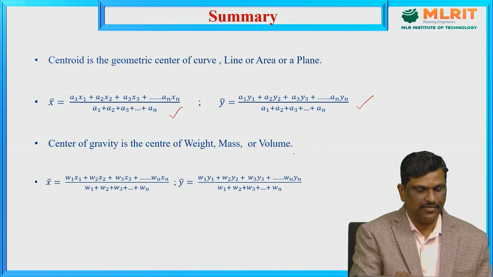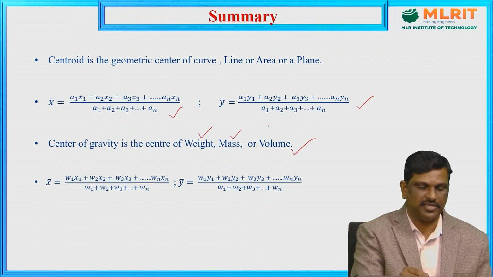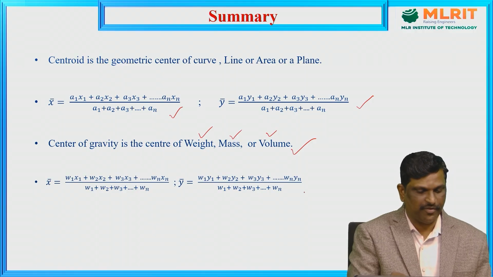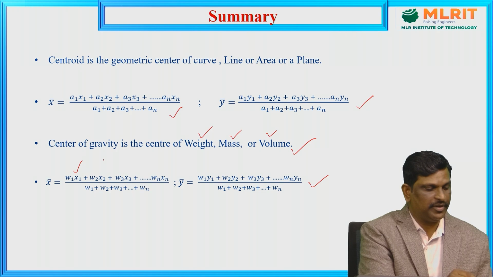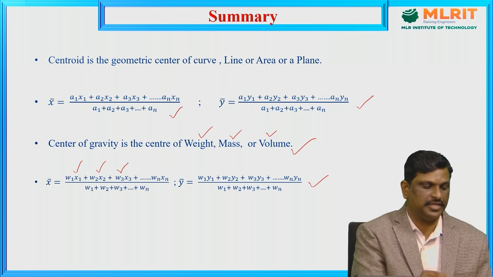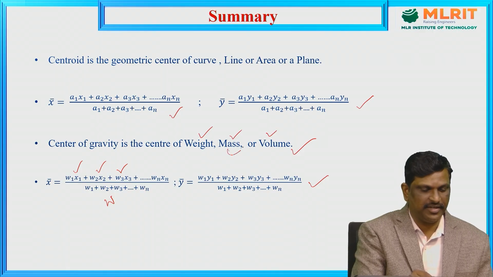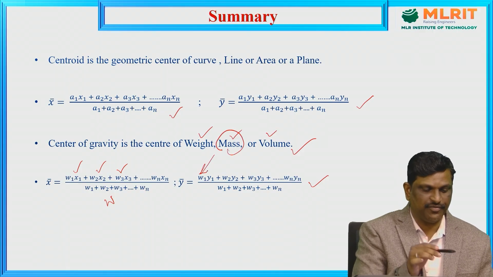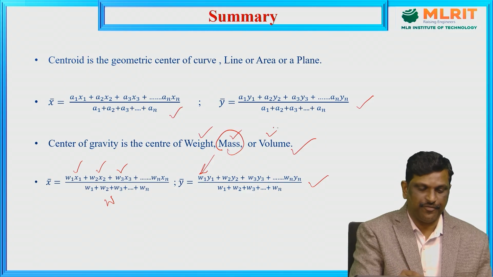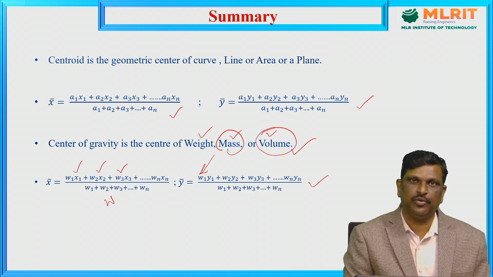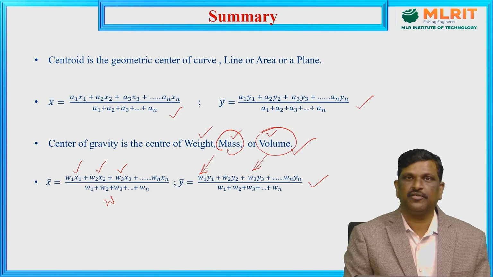And center of gravity, which is the center of weight or center of mass or center of volume, can be found by using the formula x bar equal to w1 x1 plus w2 x2 plus w3 x3 and so on, divided by total weight. And if mass is given in the problem, these weight terms will be replaced by mass terms m1, m2, m3, and if volume is known, we will use the volume terms in the formula.